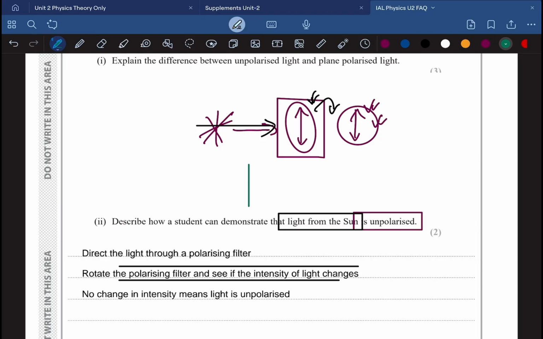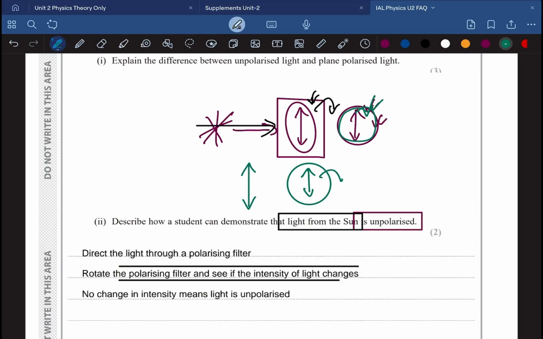Let's say this is polarized light which is moving in one direction, like this one, and now I have set a polarizing filter right here. The plane of polarization of this polarizing filter is vertical.